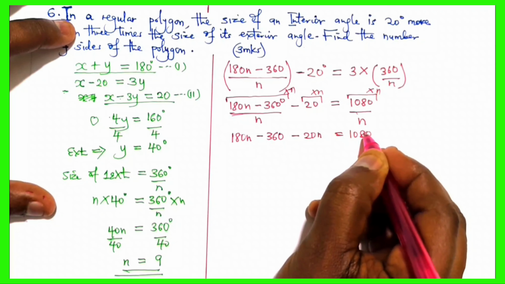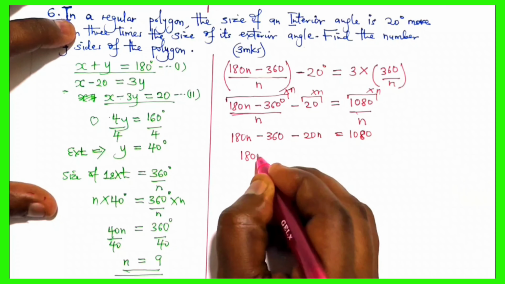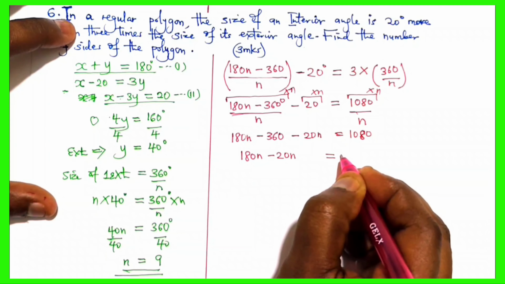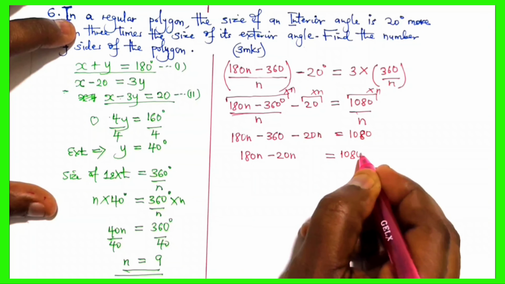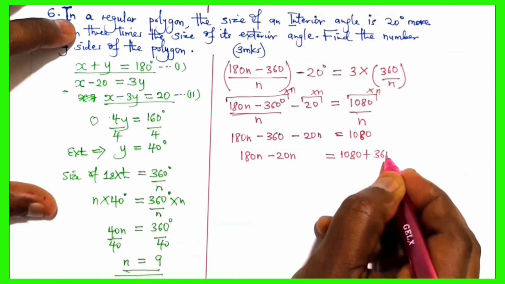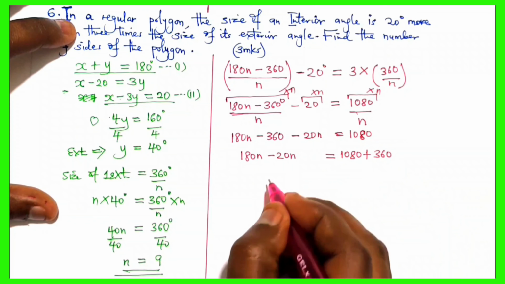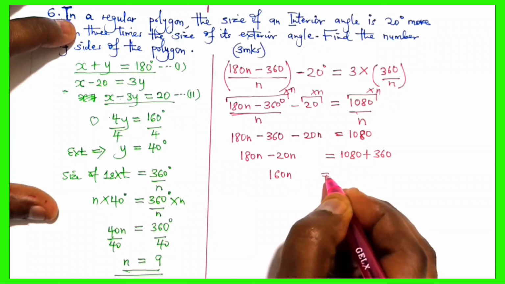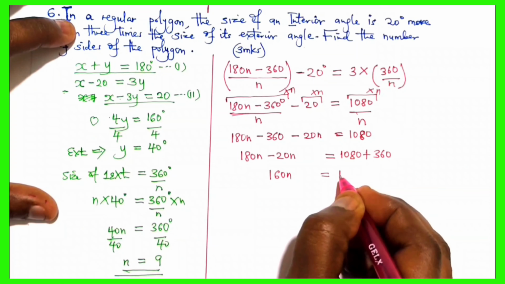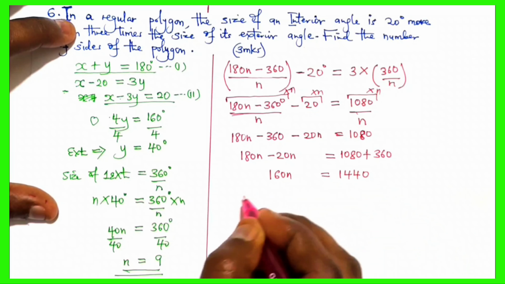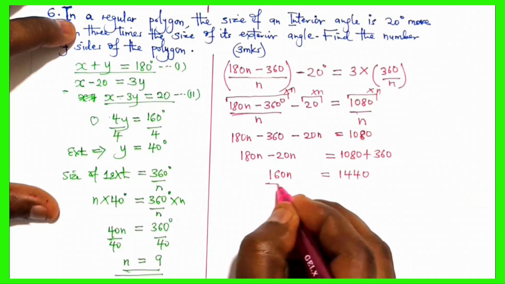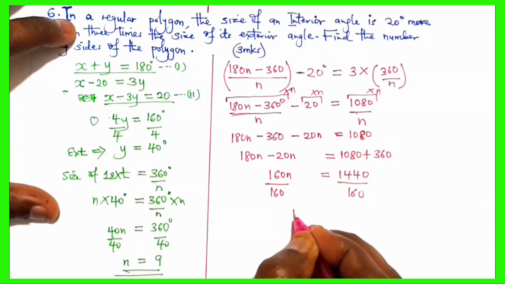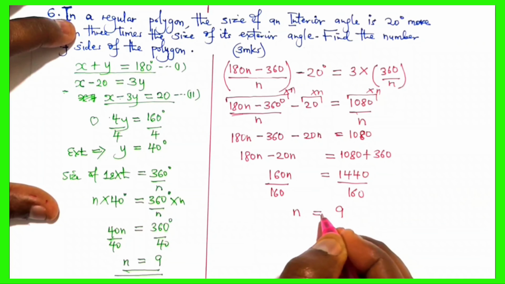And then I can put like terms together by talking of 180n minus 20n to be equal to 1080 plus 360 degrees. On subtraction here, I'll get 160n to be equal to the addition of these two numbers, which will lead me to 1440. And then we divide both sides by 160. We end up getting the value of n to be equal to 9.